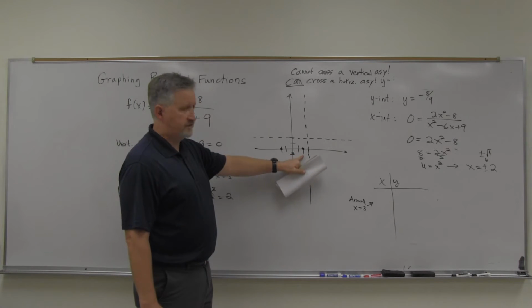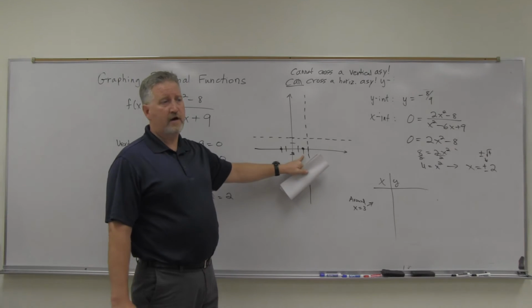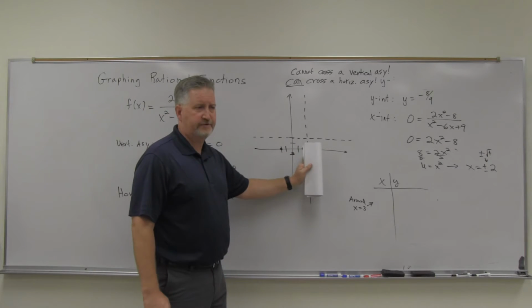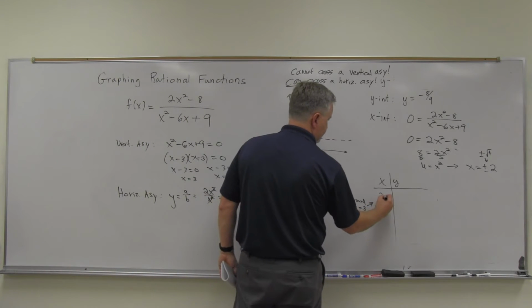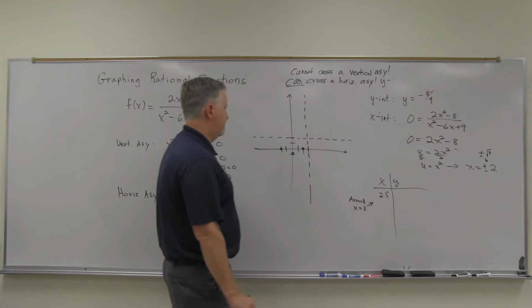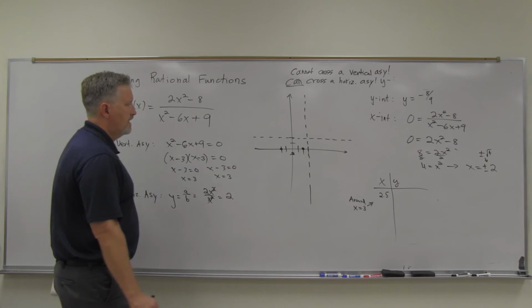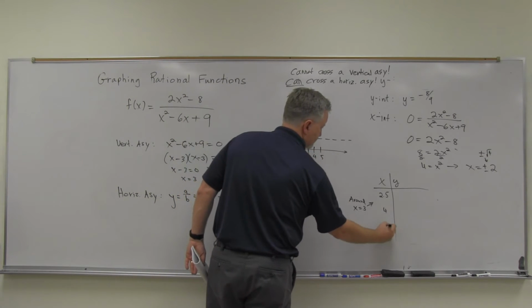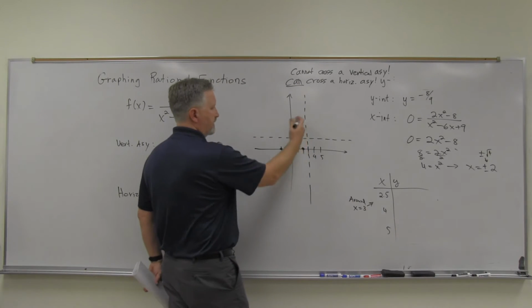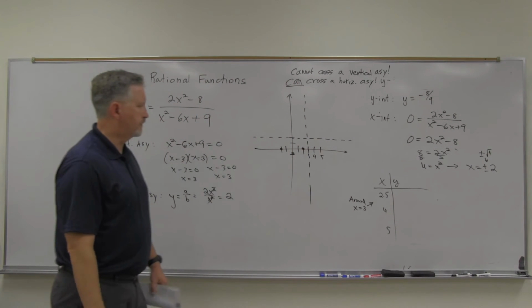Just to be sure, I might try something a little closer to it, like 2.5. Since I've already got 2, let's do 2.5. And on the other side, let's go 4 and 5, because that'll give me a couple over here and a couple over there. That's what I'm shooting for.